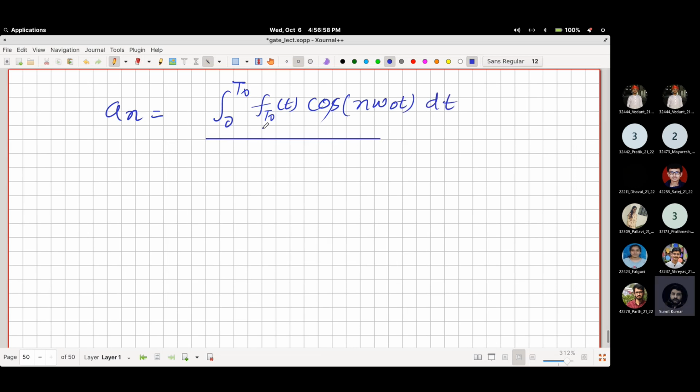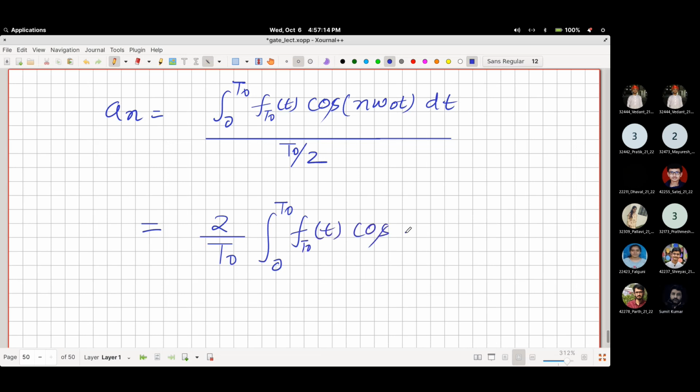And this divided by t naught by 2, right? So we write this as 2 by t naught, 0 to t naught, f(t) cos n omega naught t dt. Is that clear? And this is what an is. I hope that this is clear to all of you.